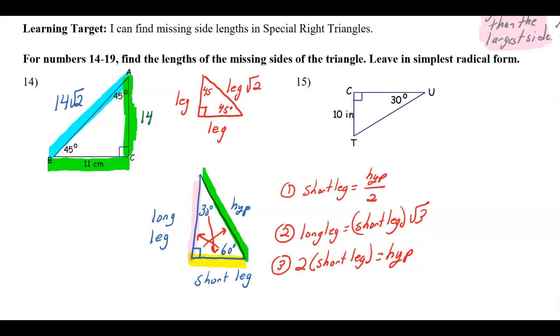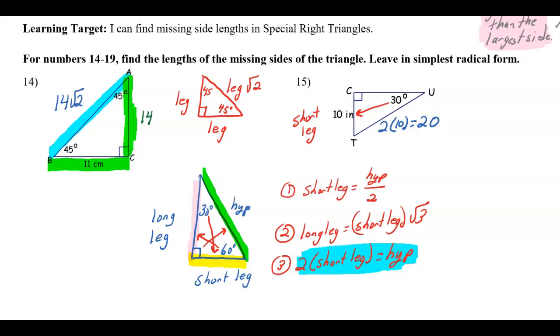If we look at number 15, we are given the side across from the 30, which is the short leg. So using this highlighted blue formula, 2 times the short leg is the hypotenuse. That means the hypotenuse here is 2 times 10, which is 20.